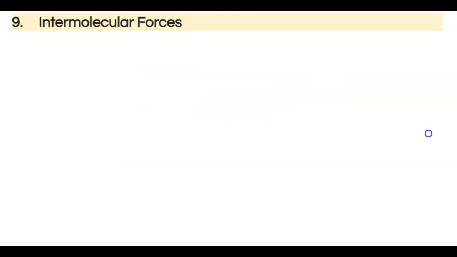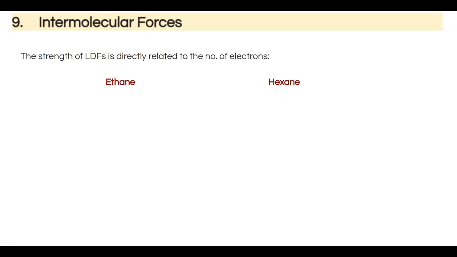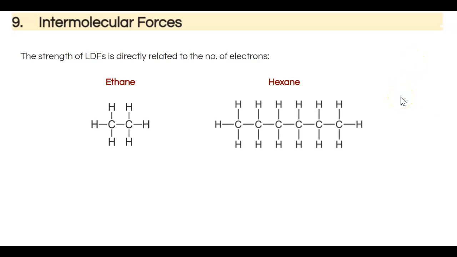Let's look at that. So the strength of the LDFs is related to the number of electrons. I'm going to go back to the previous slide to help out with this. If we were to compare two organic molecules like ethane and hexane, my ethane molecule has a certain number of electrons in it that are going to each create little momentary dipoles.